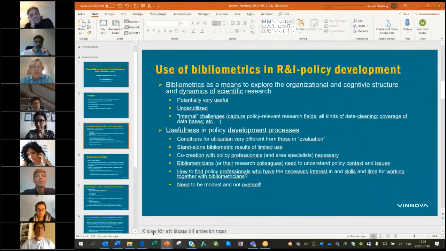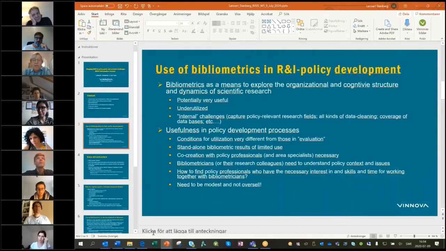I believe that has a lot to offer, and is a use of bibliometrics which is underutilized, and we've seen some interesting examples today. And of course, there are many internal challenges to doing such work, technically, and also in terms of the kind of data that is available. And I will not talk very much about that. A little bit about the challenge of capturing policy relevant research fields. But in order to make bibliometrics useful in the policy development processes, there are many other aspects that have to be considered than just the bibliometrics as such.